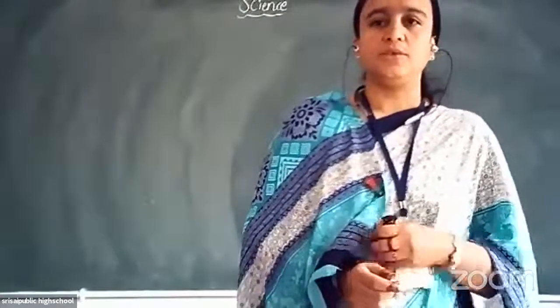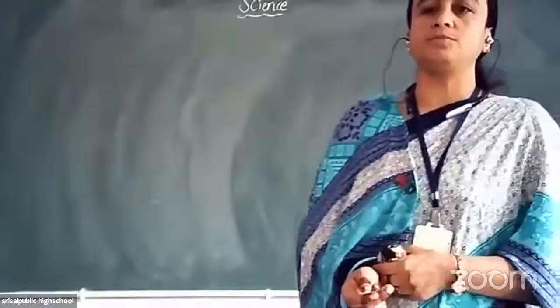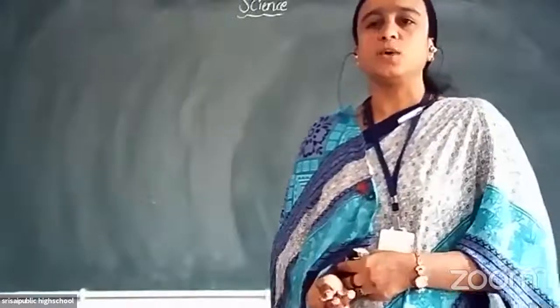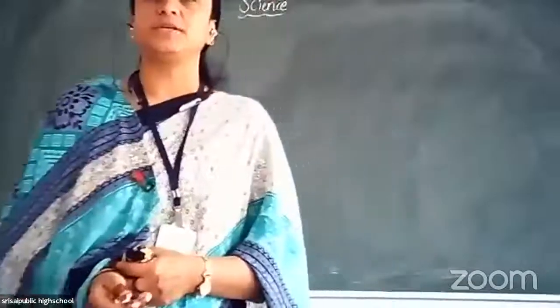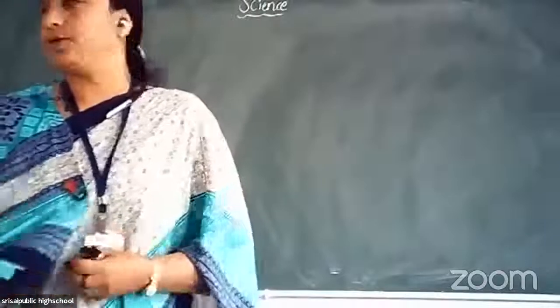We were studying about the image formations in case of the convex lens when the objects were at different positions. Can you recall? In the first case, when the object was at infinity, that means at a far away distance, where was the image formed?